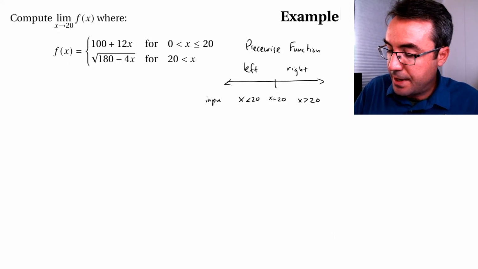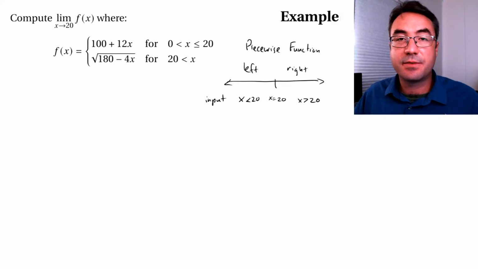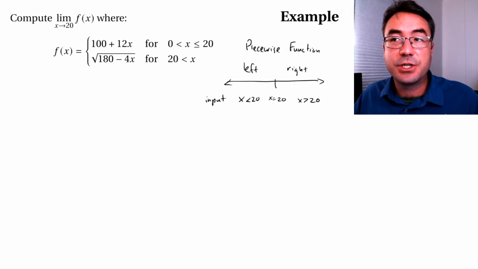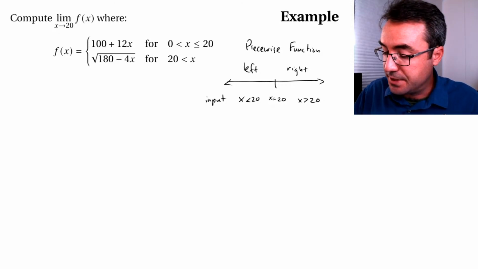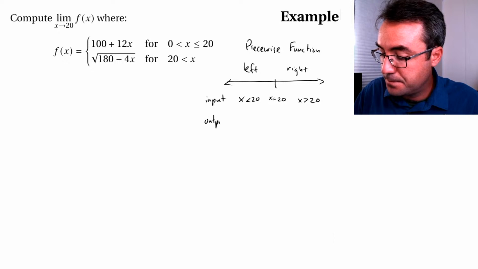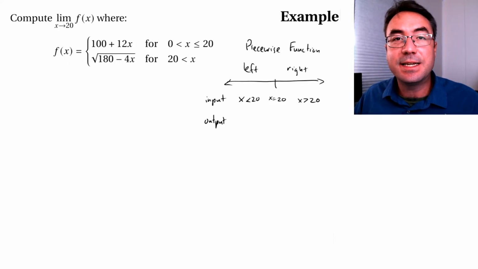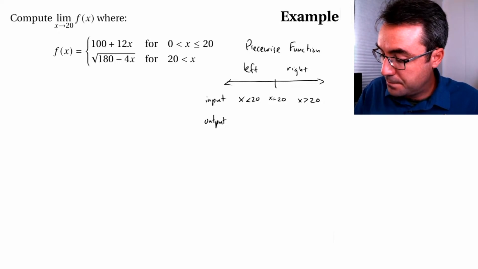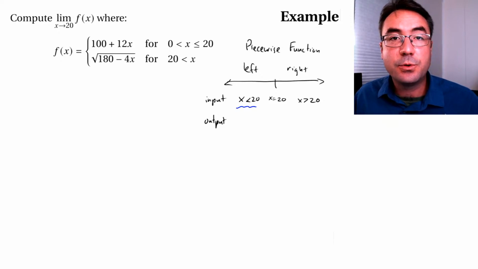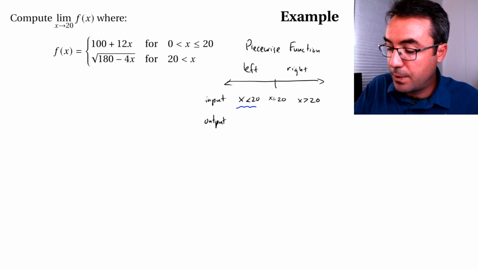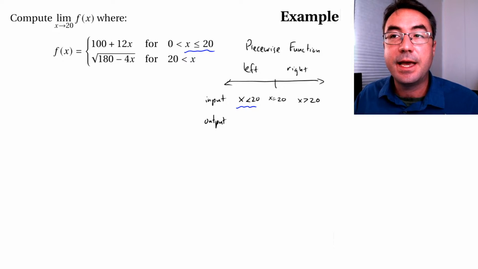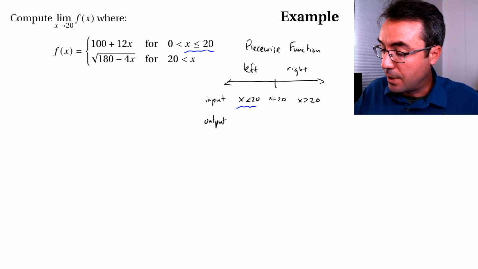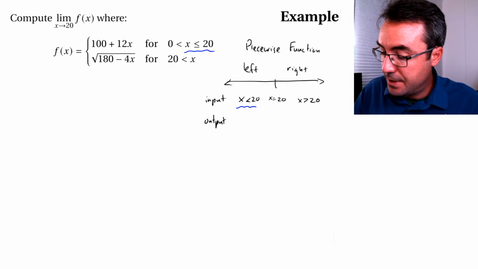So we could think of the x values, those are the inputs of our function, and let's see what the output of our function is for each of those different pieces. So when x is less than 20, if we go up to our definition of our function, we're looking for where x is less than 20, and we see it right there. So our output for the left side is given by 100 plus 12x.